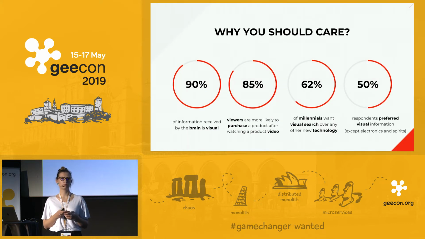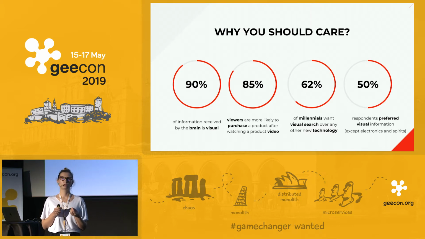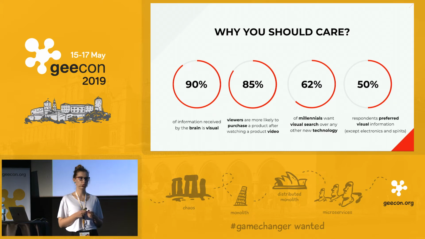And here are some numbers. This is the argument why you should care as developers. First of all, 90% of information received by the brain is visual, so we will use images more and more often.